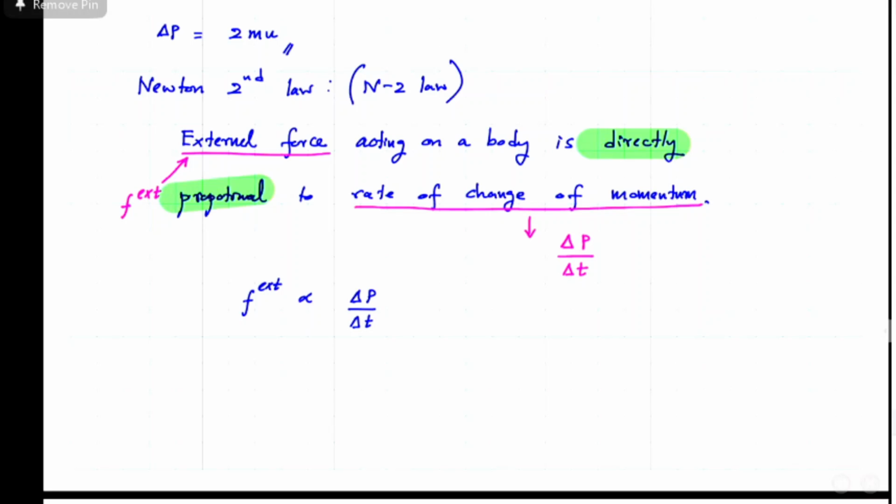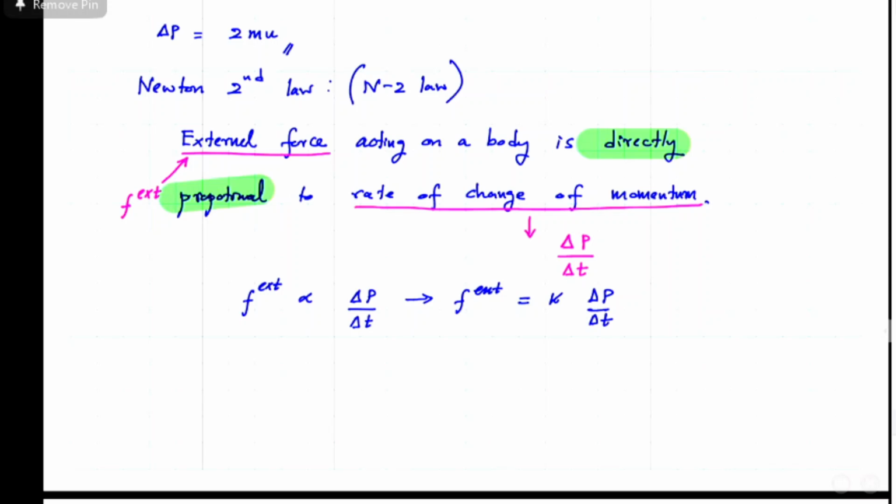Now you know in math how to convert a proportionality to an equality. You put an equal sign, you replace the proportionality sign by this, and you have to put a constant there.